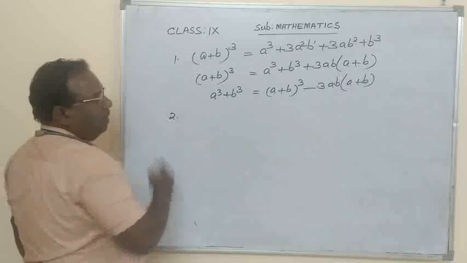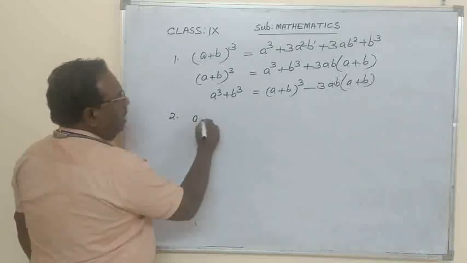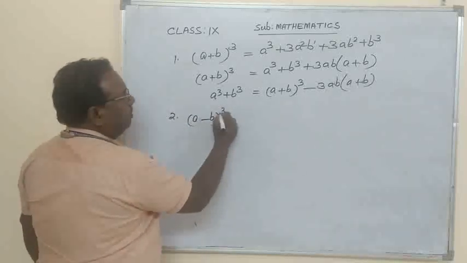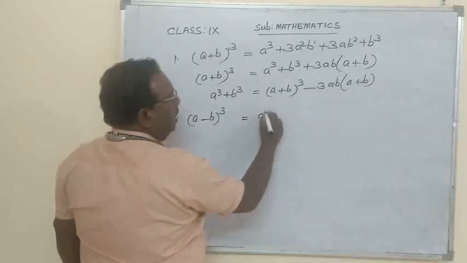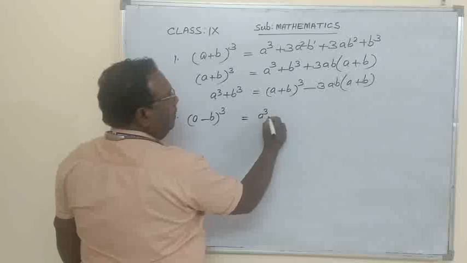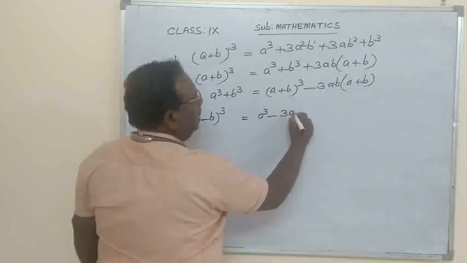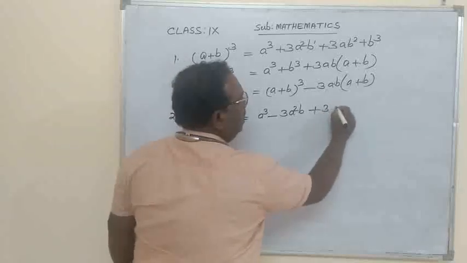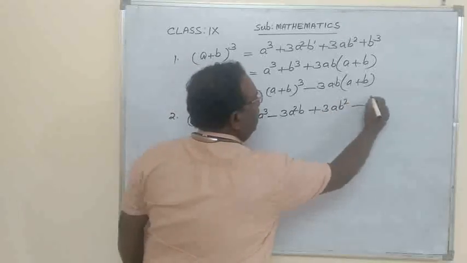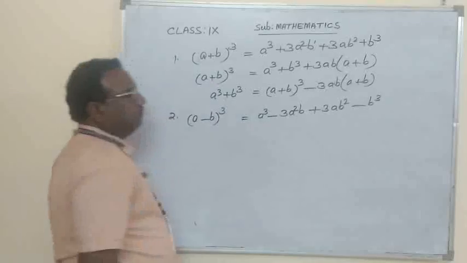Now the second formula, (a minus b) whole cube. (a minus b) whole cube is equal to a cube minus 3a square b plus 3ab square minus b cube.